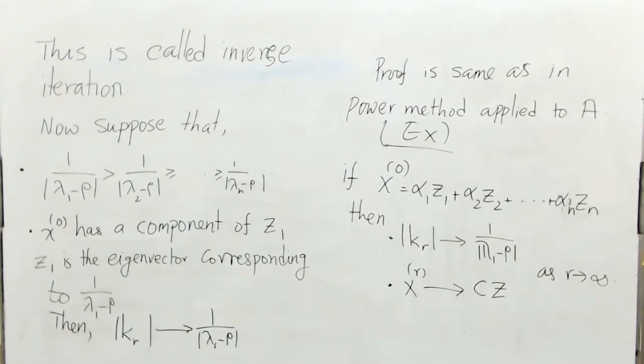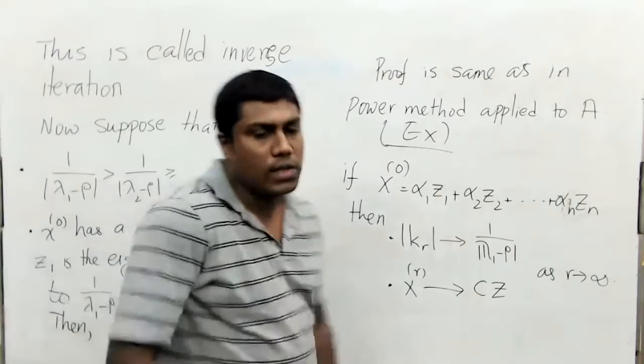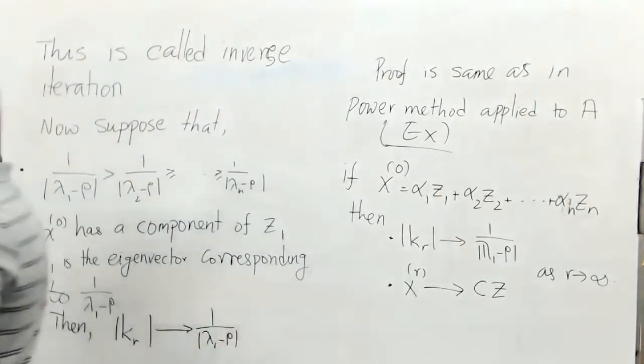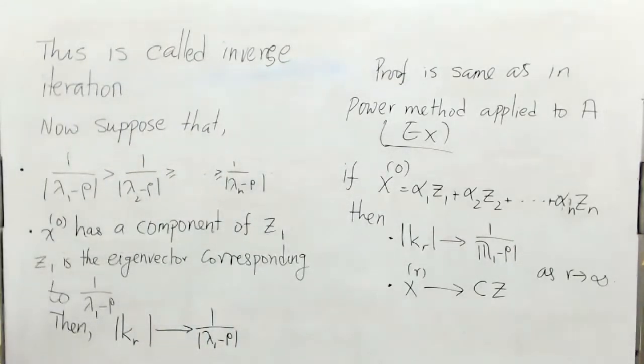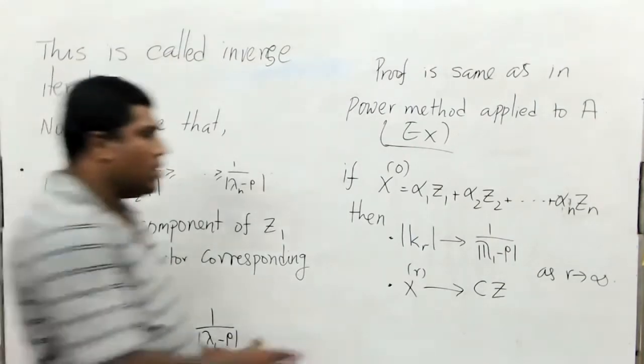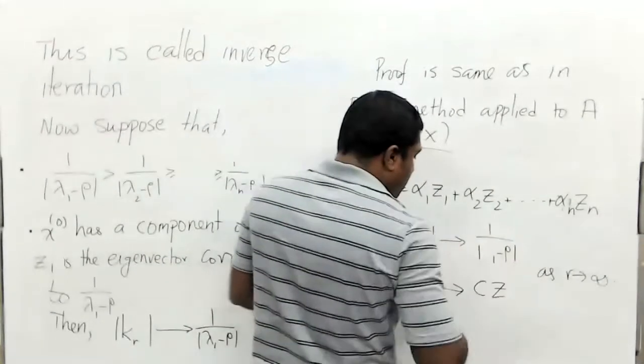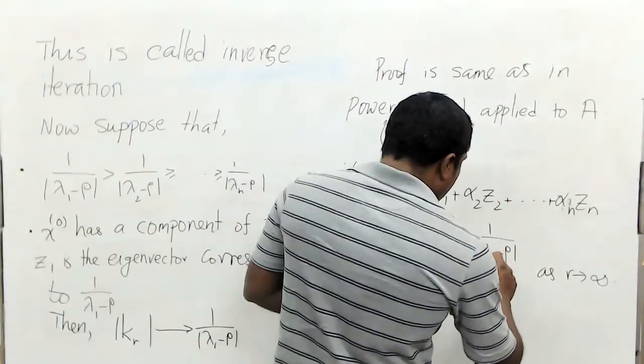Now let us see the application of this. We are applying the power method to the matrix (A minus rho I) inverse, and we see that we can get the eigenvalue 1 upon lambda 1 minus rho.